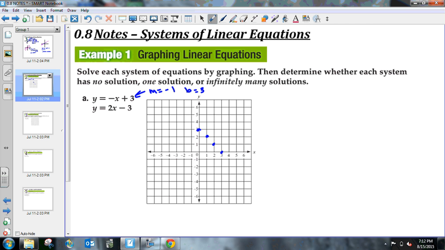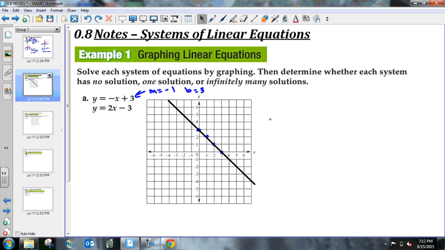And I'm going to connect these points with a line. Let me get a better line than that. Okay, so I'm going to graph these lines, and then let me extend this one out just a little bit.